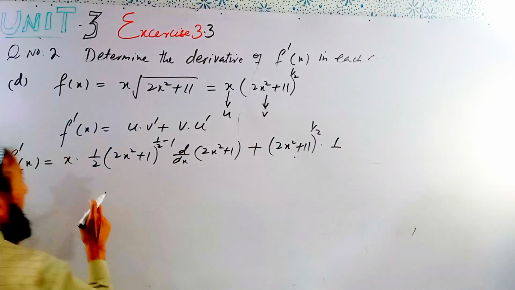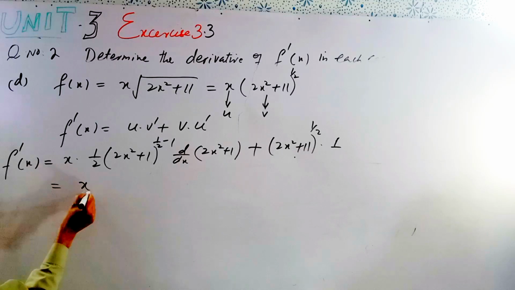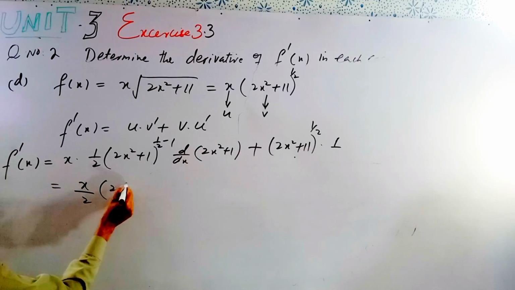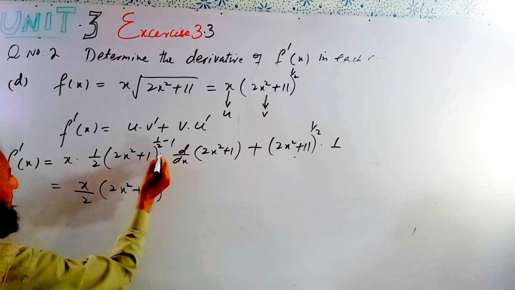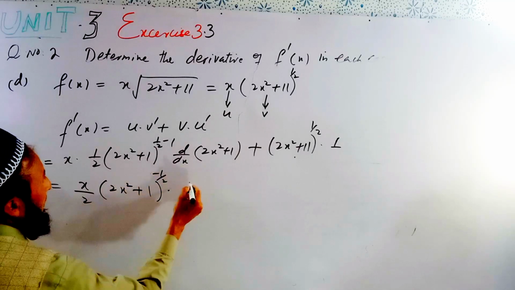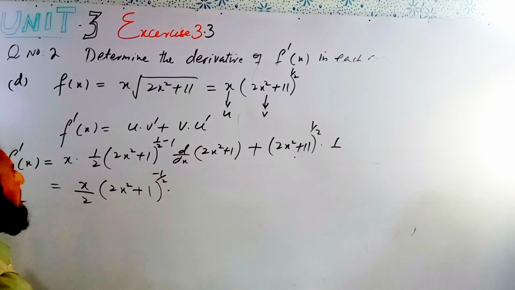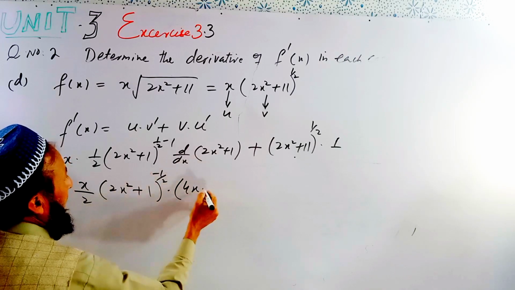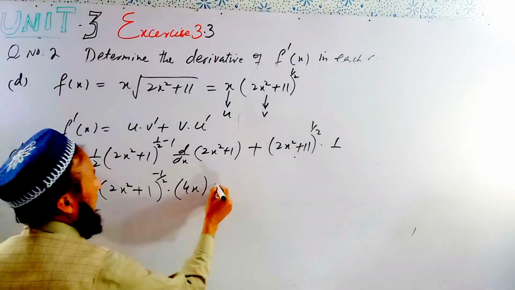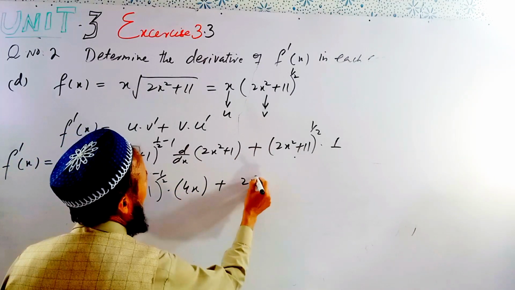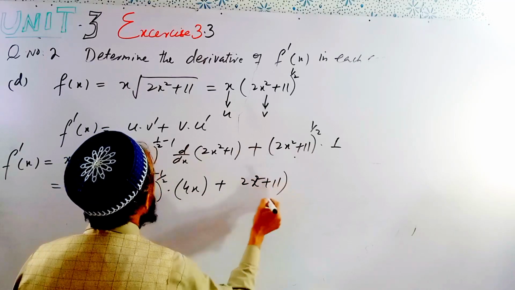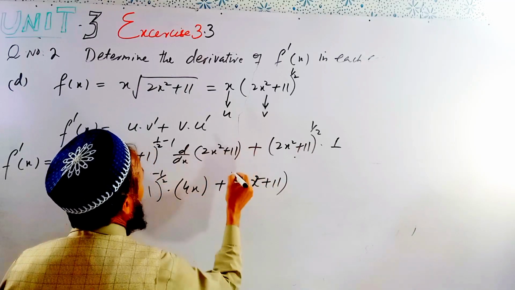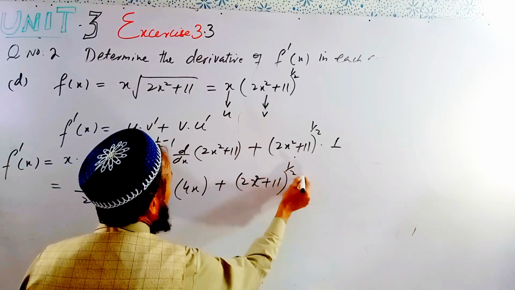Now further we simplify this term. We can write x divided by 2, (2x² + 11) power −1/2. We get here the derivative of 2x² + 11, which is 4x, and the constant is 0, plus (2x² + 11) power 1/2.